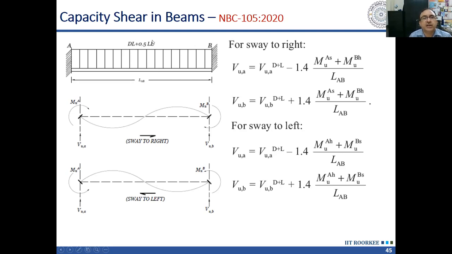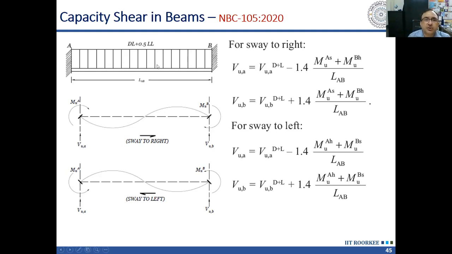So this dead load and live load has been taken 50% because you remember while discussing the seismic mass in the last lecture on last Saturday, we discussed that whole of the live load is not there at the time of earthquake. So we take that reduced live load.